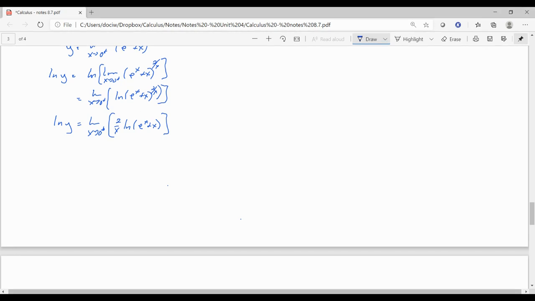Okay, so what you'll see here is that we have the limit as x approaches 0 of 2 times the natural log of e to the x plus x over x. As x approaches 0, we're going to have the natural log of 1, which is 0, divided by 0. So we're approaching 0 over 0. We have a limit approaching 0 over 0.